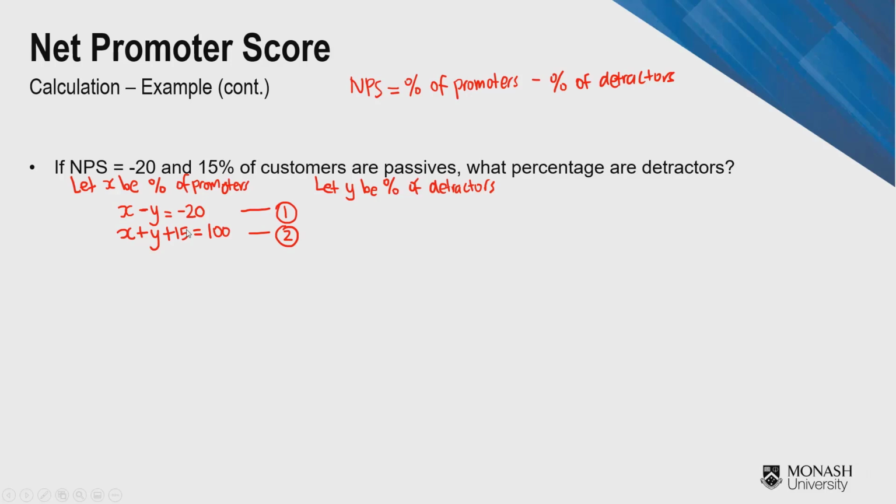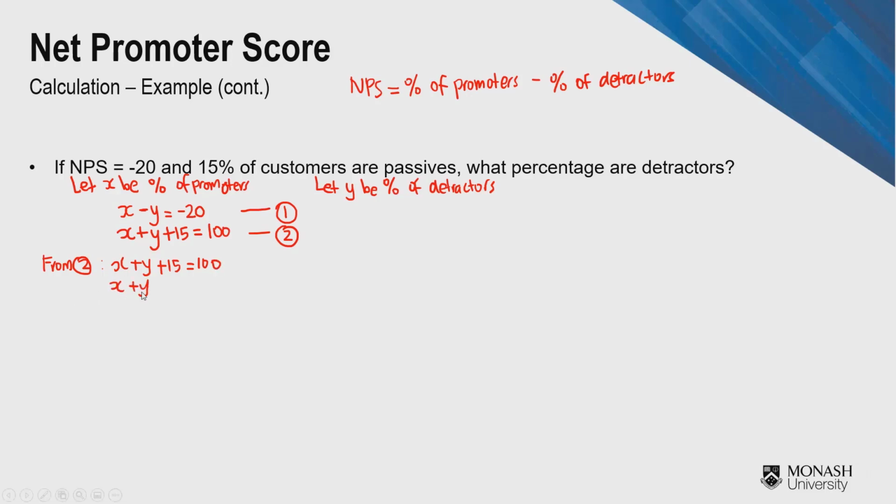So now we have everything that we need. We want to find out the percentage of detractors. We can start from equation 2. I normally like to start with the hardest one first. X plus Y plus 15 is giving you 100%.